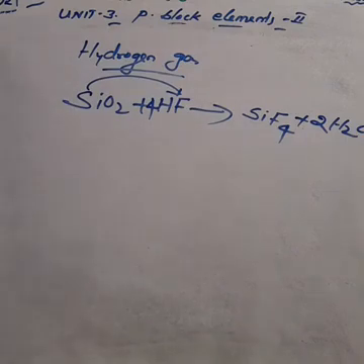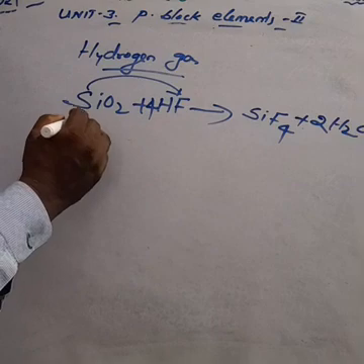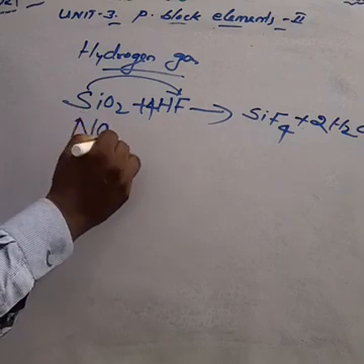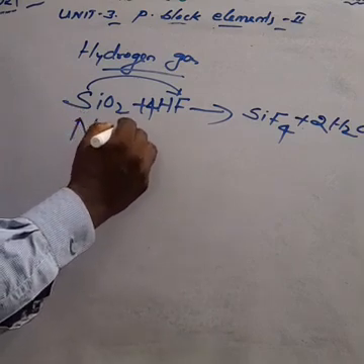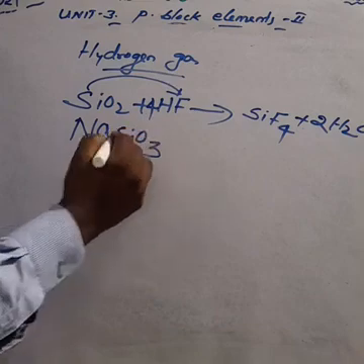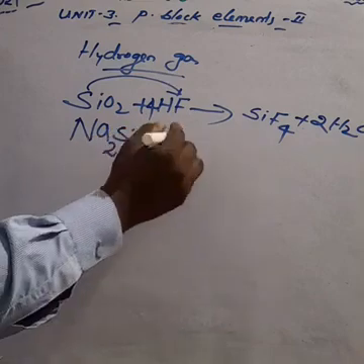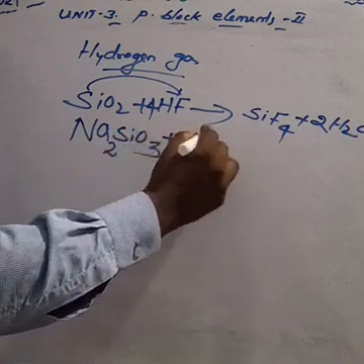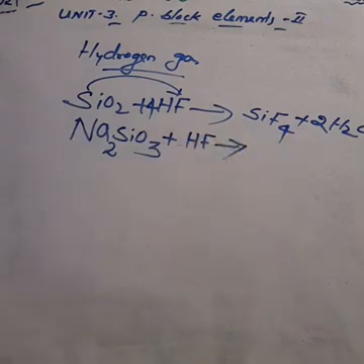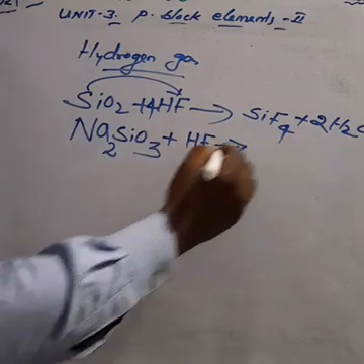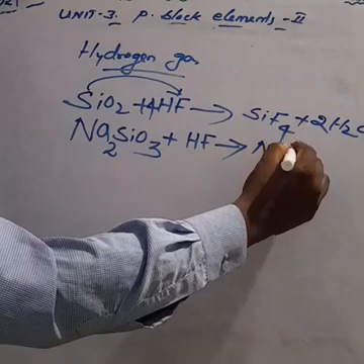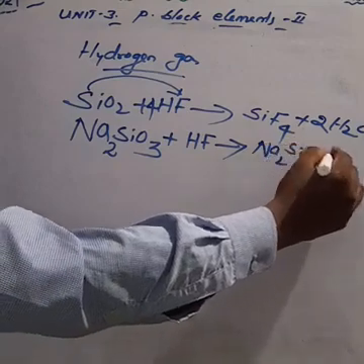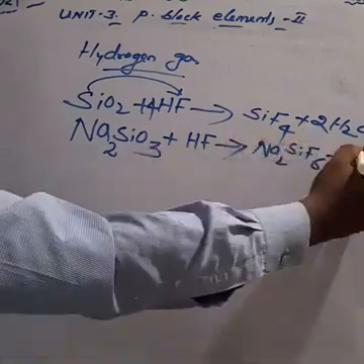Next, again we are taking the sodium silicate formula, Na2SiO3, which reacts with hydrogen fluoride. We get Na2SiF6 plus a water molecule.